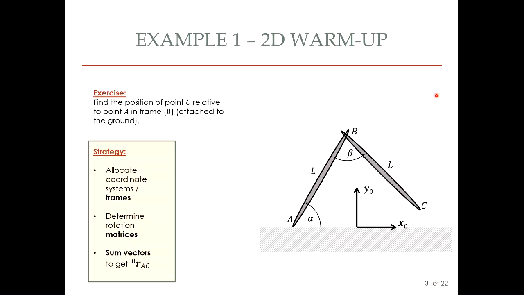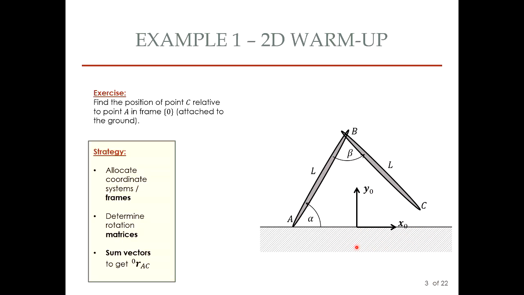Now, what is required here is to find the vector going from this point A to this point C, and to represent this vector in frame 0, that is in the coordinate system that is shown here, okay?